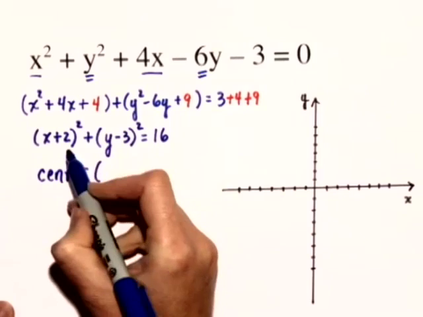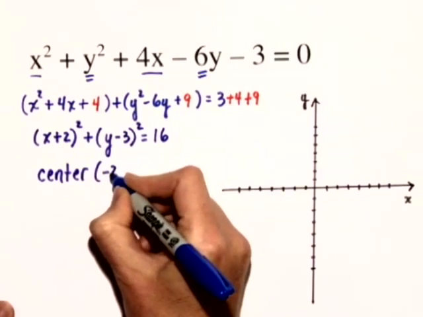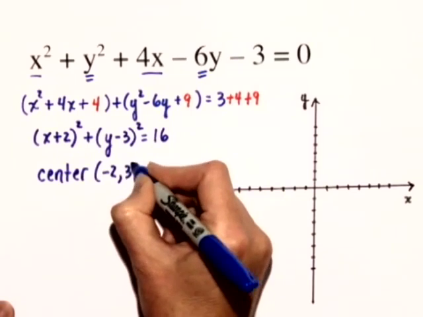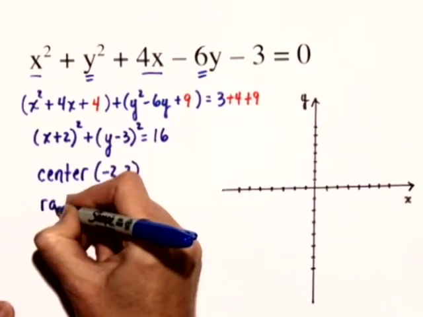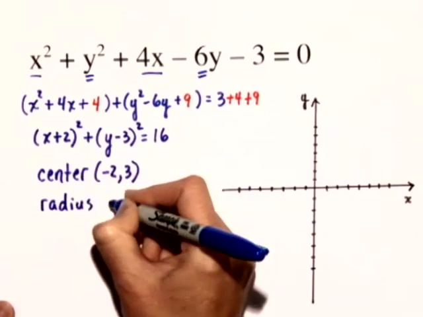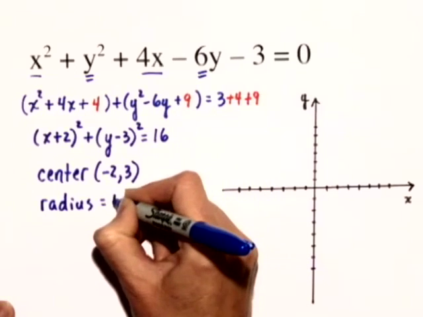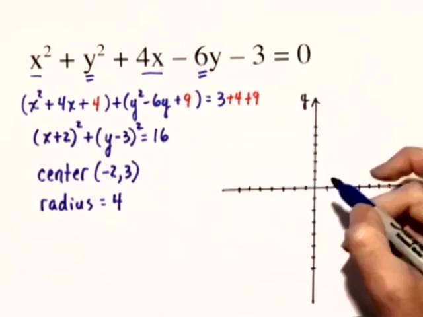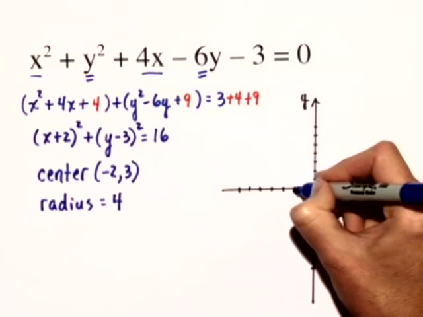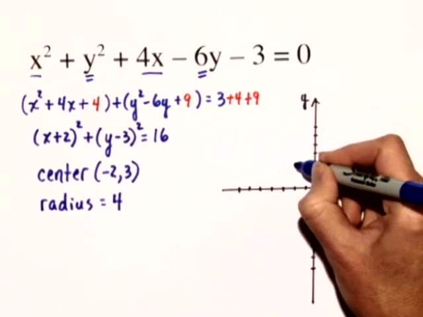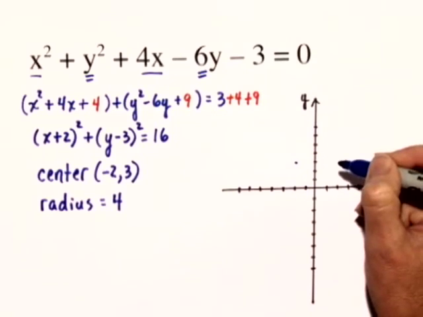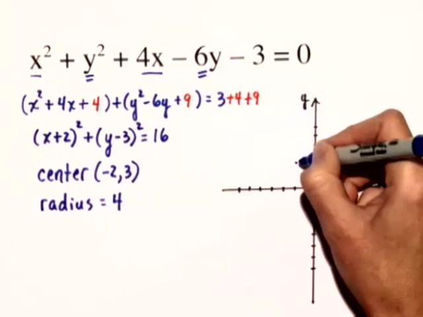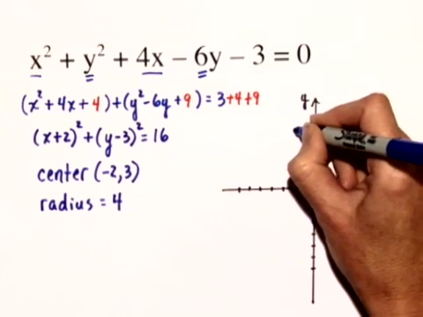My center is going to be -2, +3. And my radius is going to be the square root of 16, which is 4. So on my graph, first, I'll find the center, -2 to the left, up 3, and then I simply go up 4, so 1, 2, 3, 4.